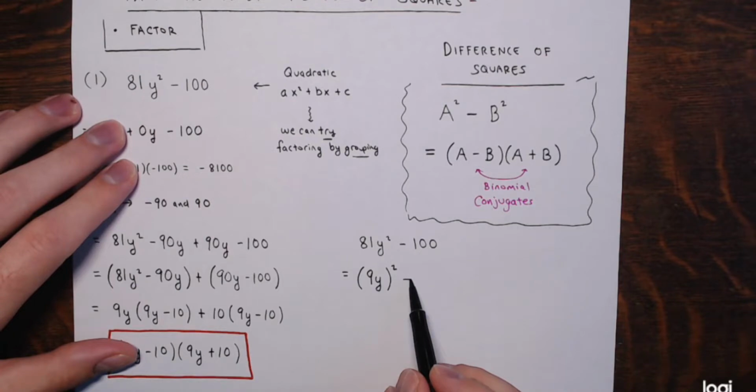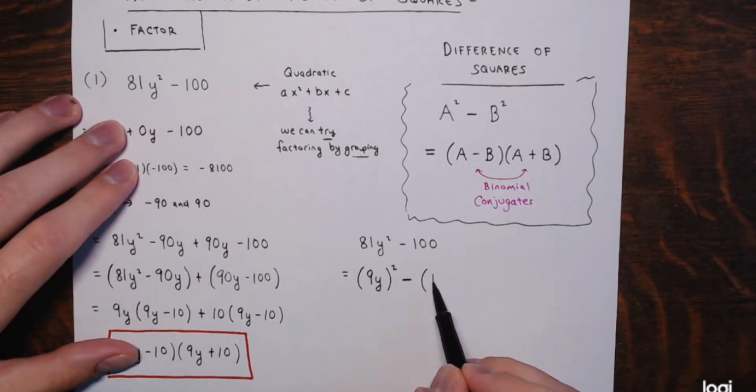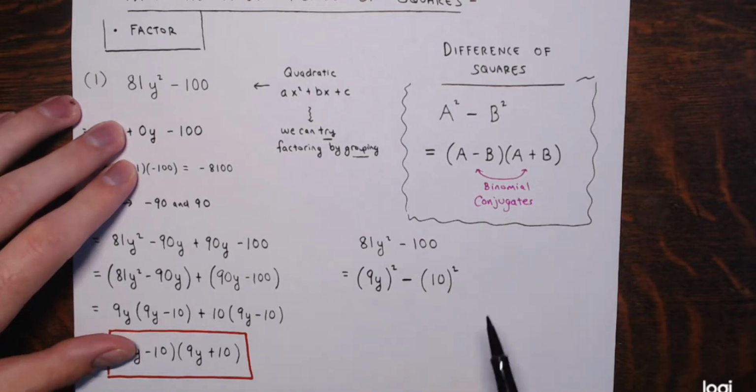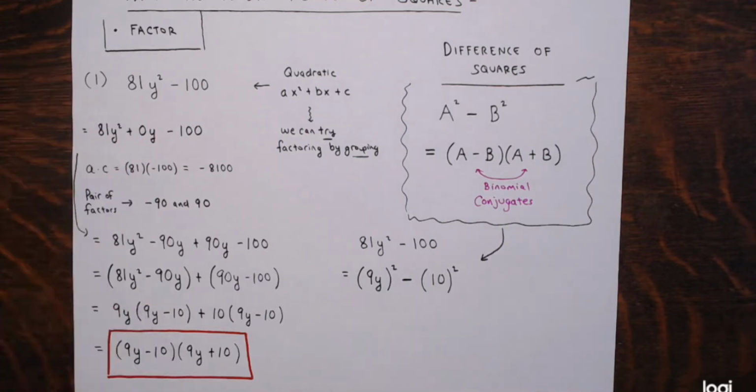Then we have a difference, and then 100 is 10 squared.